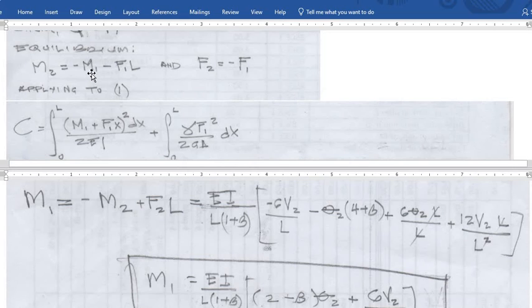So, M1 is equal to negative M2 minus F1L. But why did F2L become positive here? Because of this. Okay? Negative F1 is equal to F2. So, you substitute this so that it becomes F2. And then, since we have solved M2 and F2 in terms of theta and V.